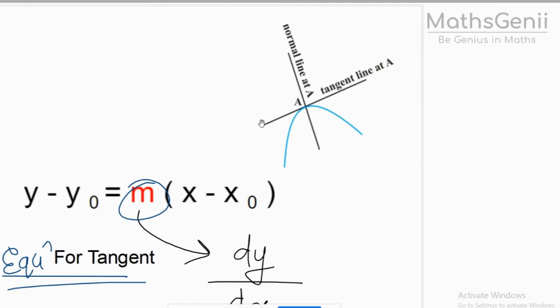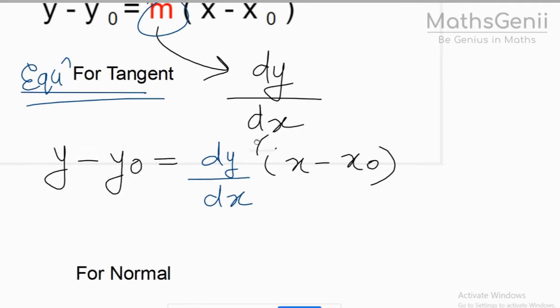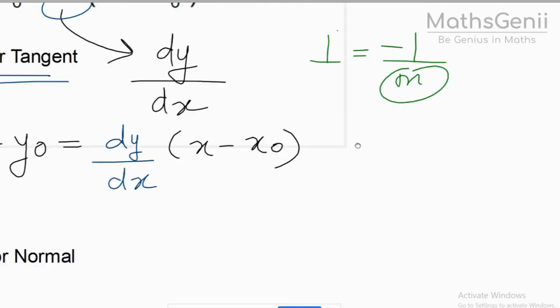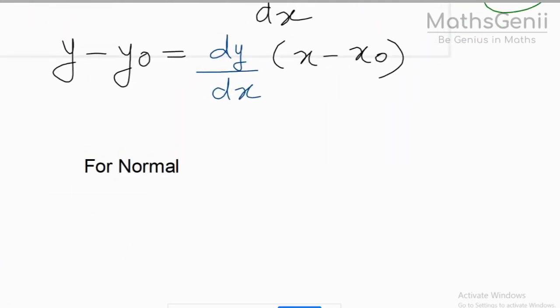Similarly, now you observe that this normal is perpendicular. In lower standard you have studied this concept in lines, that when one line is perpendicular, the other slope is minus 1 upon m. So the perpendicular line's slope is minus 1 upon m. In this case, our m is dy by dx. So what is the equation for normal?